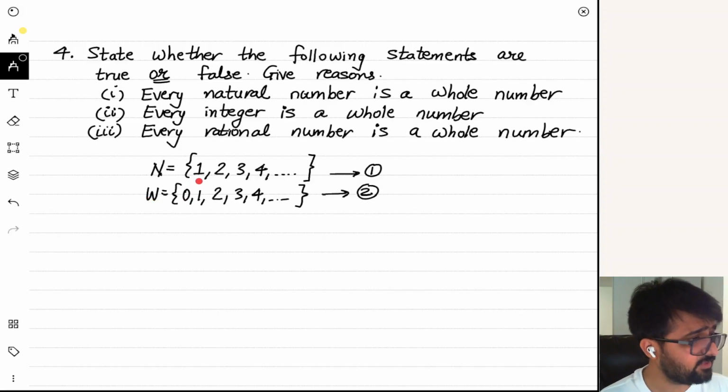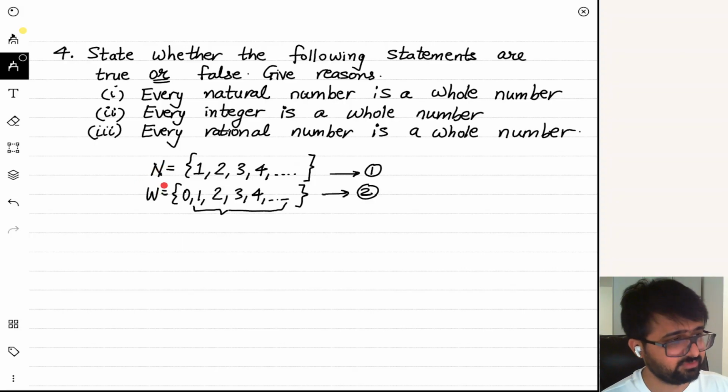We can see that all these natural numbers, 1, 2, 3, 4, 5, 6, are in fact present in the whole numbers. Each and every natural number will be present in this set of whole numbers.